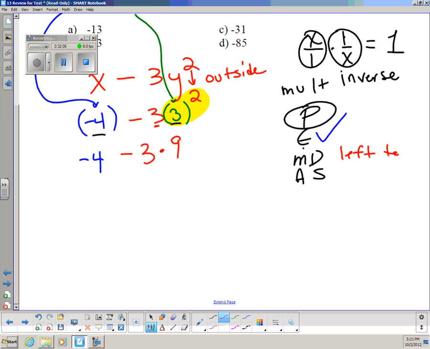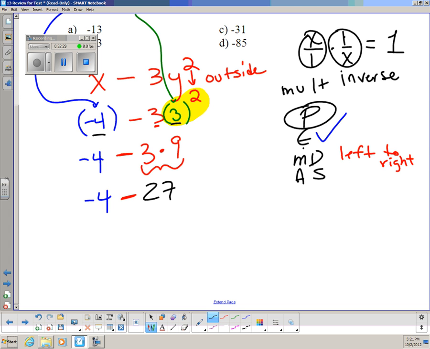So I have -4 minus 3 times 9. There's my multiplication problem, which is 27. So I have -4 minus the 27 we just got from doing the 3 times 9.